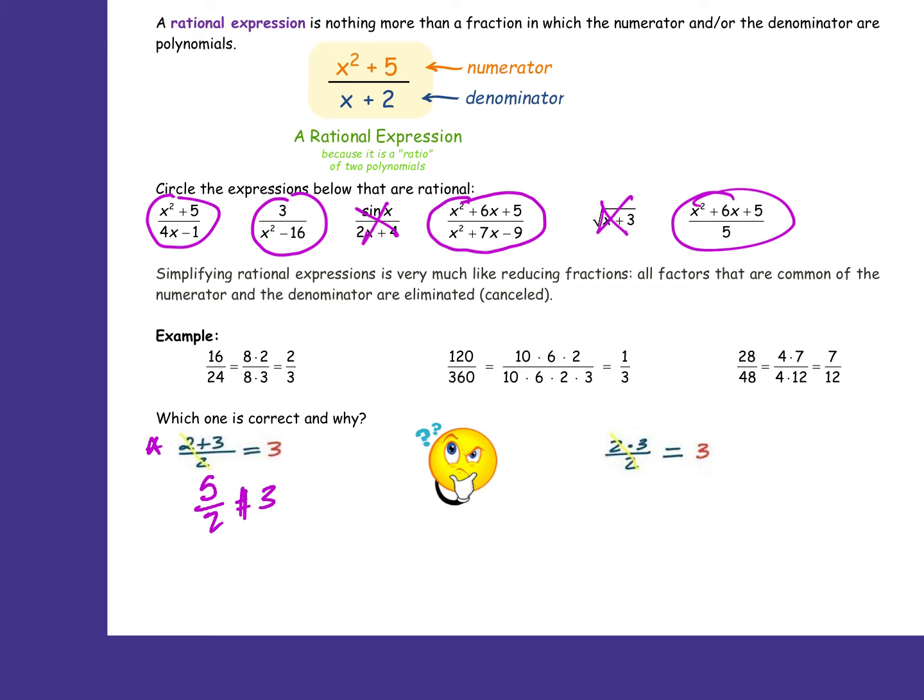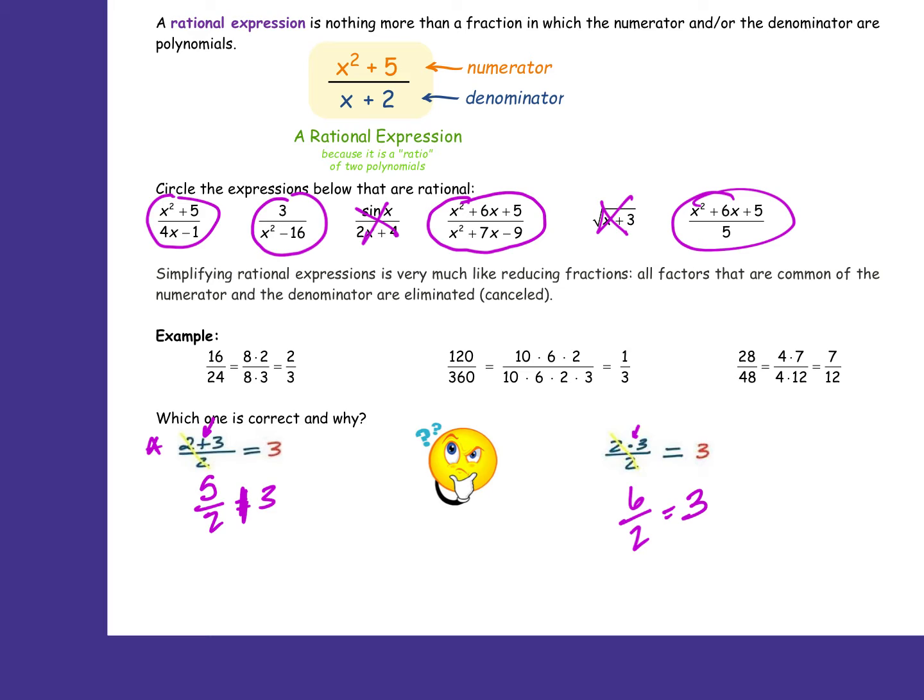No. So because there's an add sign here, I can't cancel. I can only make cancellations if there is a times sign, because 2 times 3 is 6, and 6 divided by 2 is 3. Does that make sense mathematically? So adding doesn't work, because they don't add to be the same thing. Is that okay?